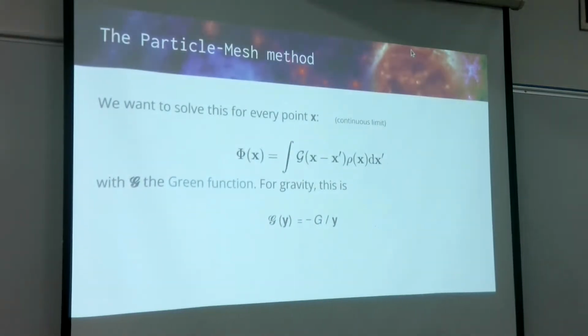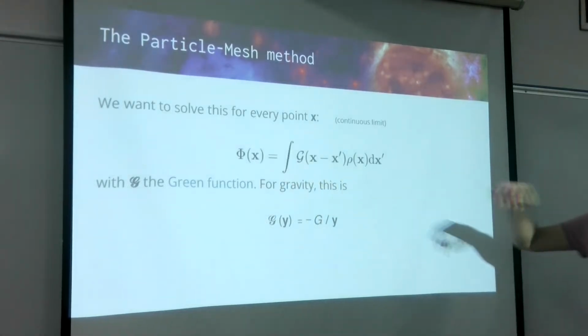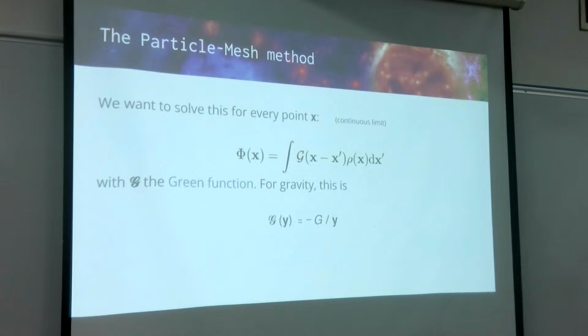So what we want to do, if you forget about the particles for just 1 second, is solve something like this equation, the Poisson equation, but using Green's function. What I'm trying to solve is just the interaction between every particle, but I can write this as the Poisson equation.